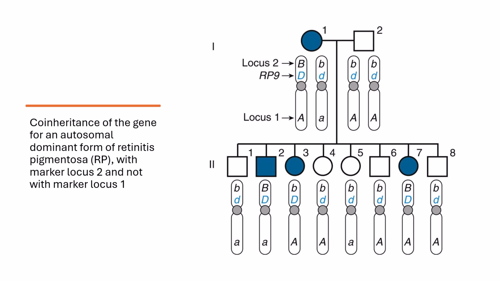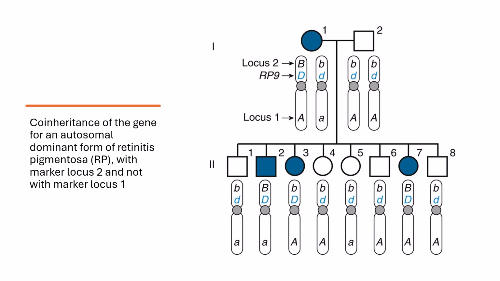They've got a lowercase b, an uppercase d, and an uppercase a. We already know that lowercase b does not cause retinitis pigmentosa. And we know that person 2 had retinitis pigmentosa and had uppercase D. So therefore we conclude that uppercase D is most likely associated with retinitis pigmentosa.